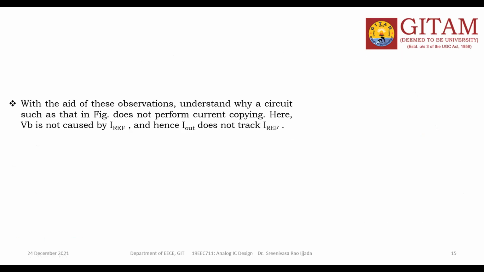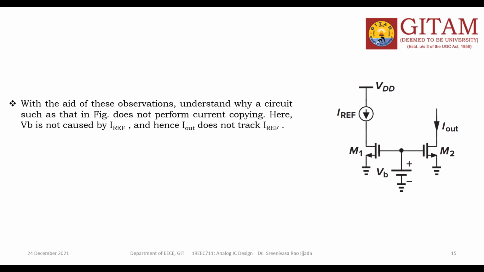With the aid of these observations, understand why a circuit such as that in the figure does not perform current copying. Here VB is not caused by I reference. This circuit is not a current mirror circuit. Here I out is not equal to I ref, so this is not a copying circuit.